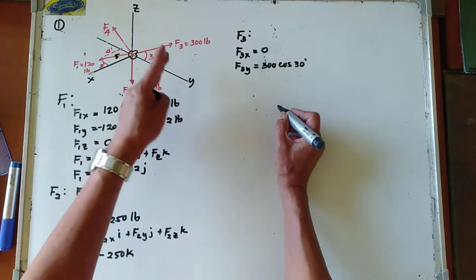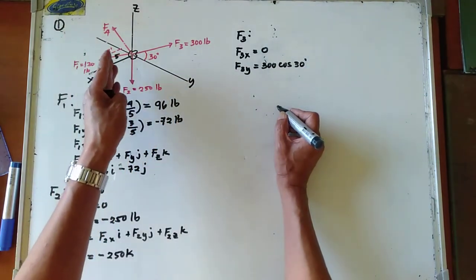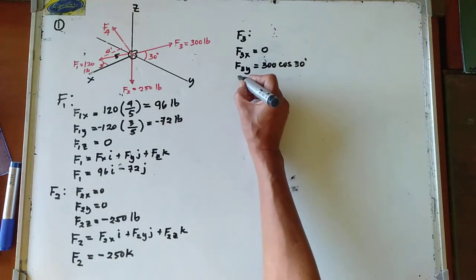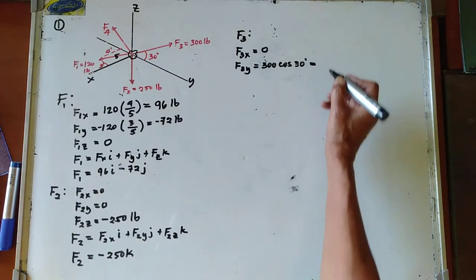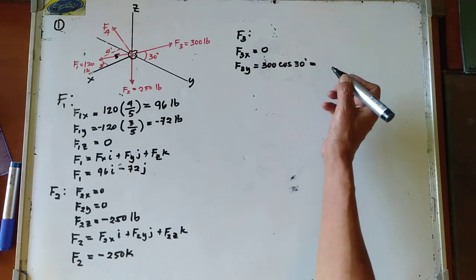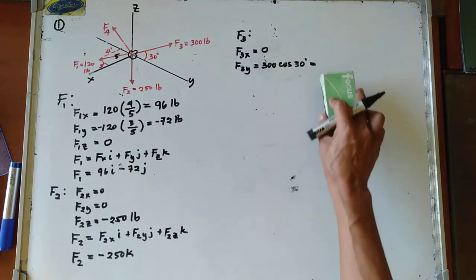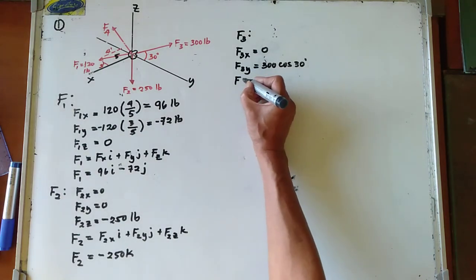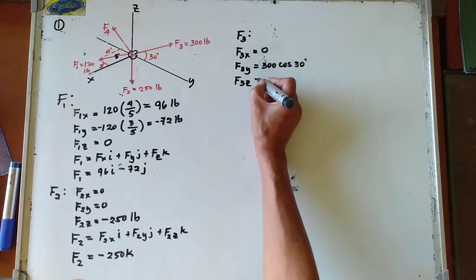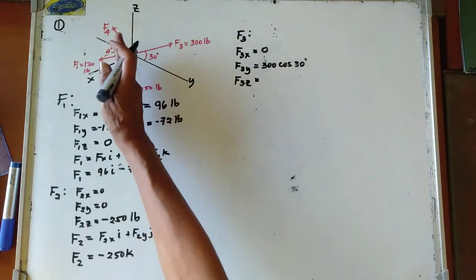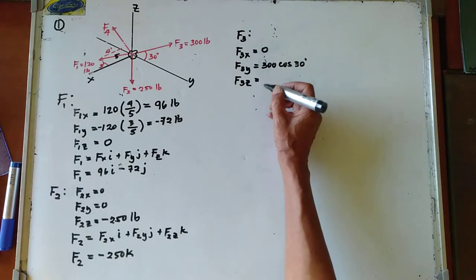Take note that F3 is lying on the YZ plane only. And this is therefore equal to 300 cosine of 30 degrees. I'm just going to leave it there. And your F3z is equal to, F3 is going to the right, and F3 is going upward in the z direction.